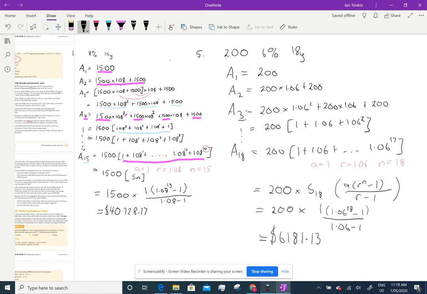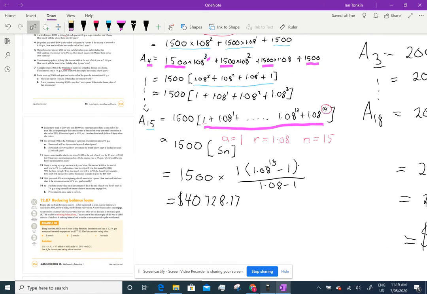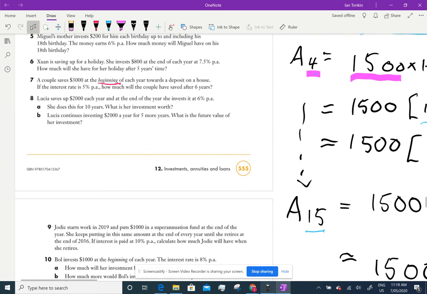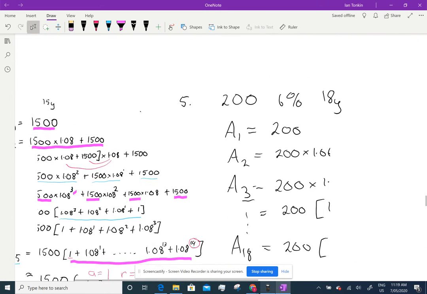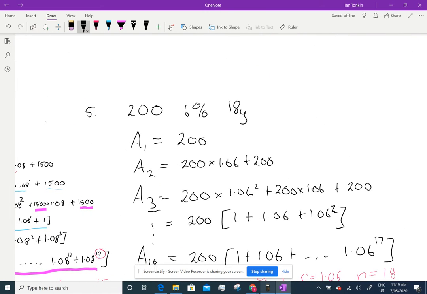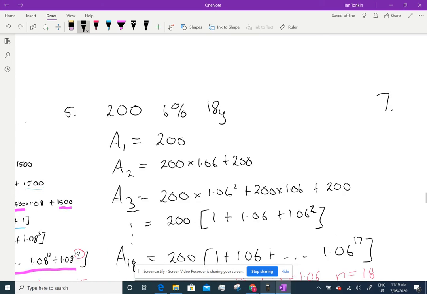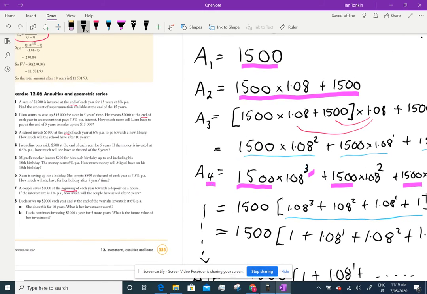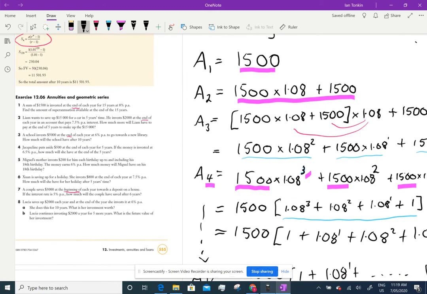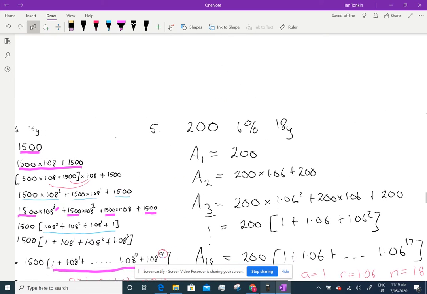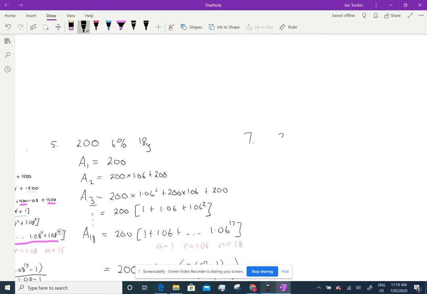But anyway, let's do one more, and I'll do the beginning of a year. So here's question 7. 3,000 at the beginning of the year for 6 years, 5%. Let's get that information again. 3,000, beginning of each year, 6 years, 5%.